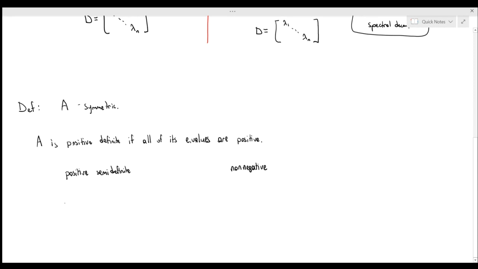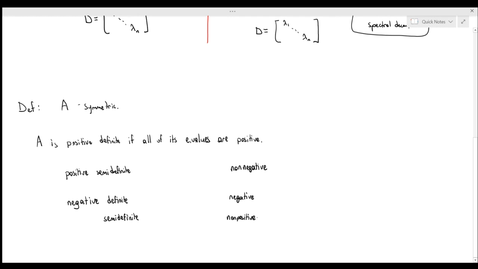And this is probably not as important, but I'll mention these anyway. You can also say that a symmetric matrix is negative definite or negative semi-definite, depending on whether its eigenvalues are all negative or all, I guess, non-positive.